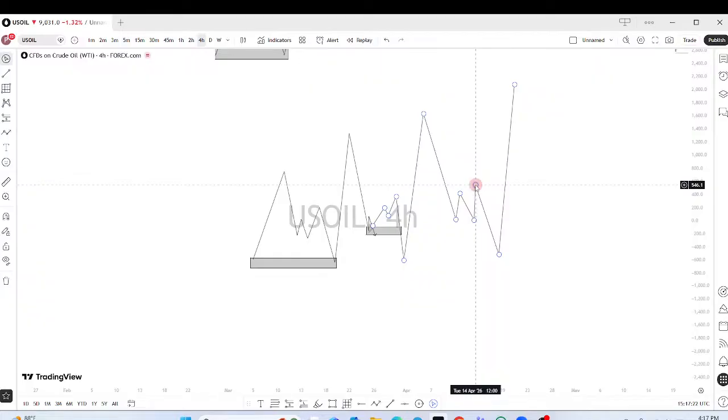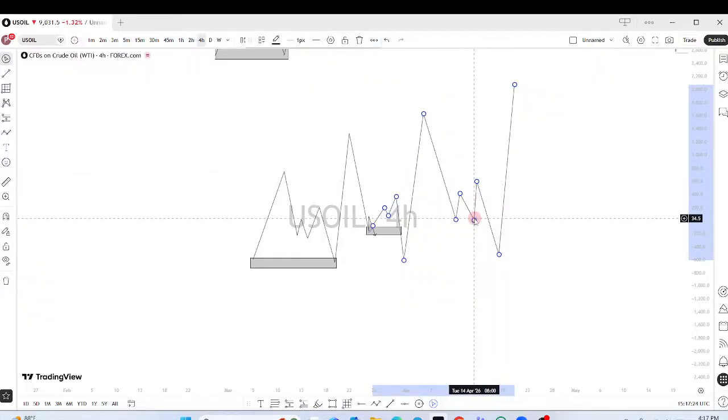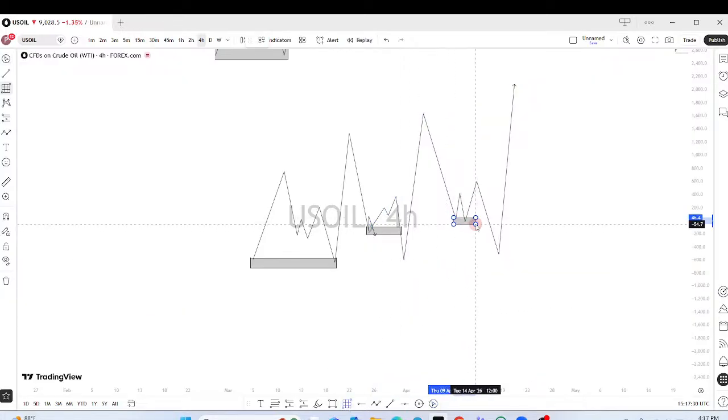So as a smart trader, you are not paying attention to this. Your plan is not to take this trade here. Imagine you take a buy here, then you put your SL around here, right?